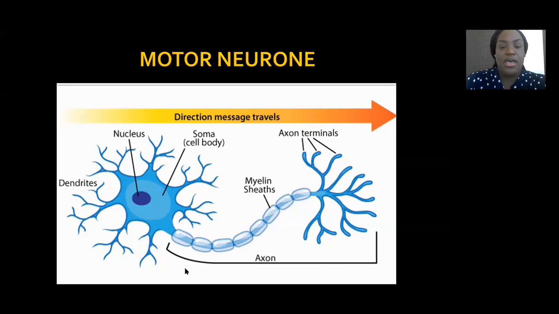What is different between this neuron, the motor neuron, and the first neuron, the sensory neuron? If anyone can tell me the answer. I actually want you to see it before I say it. Do you see the difference?